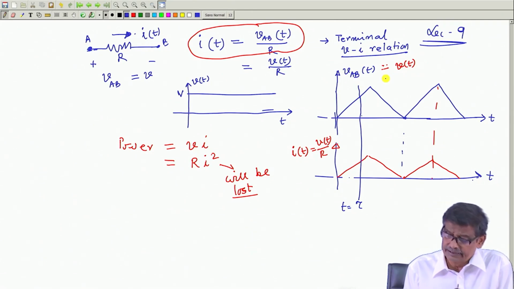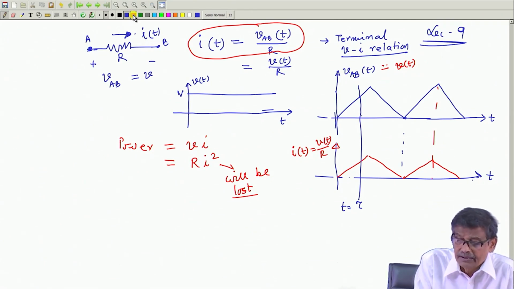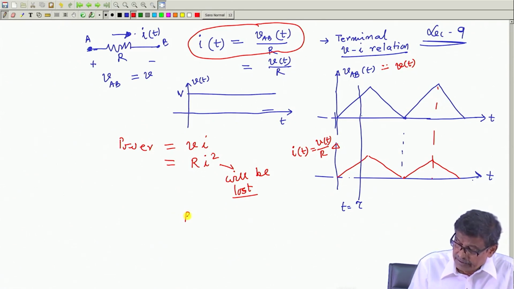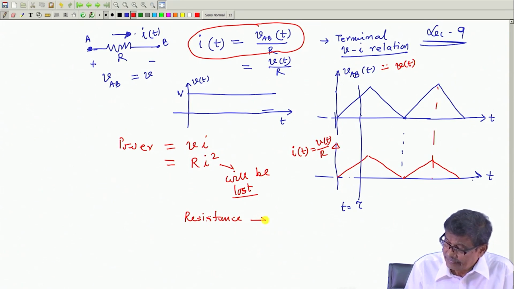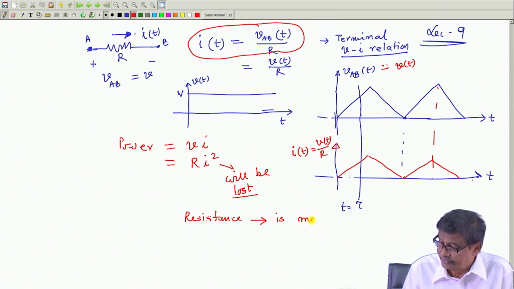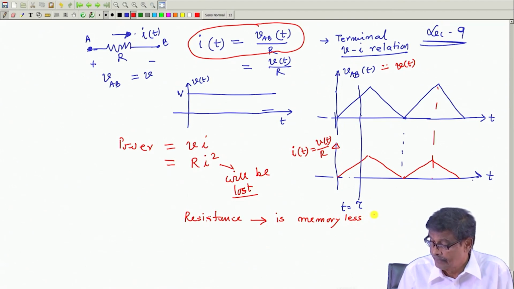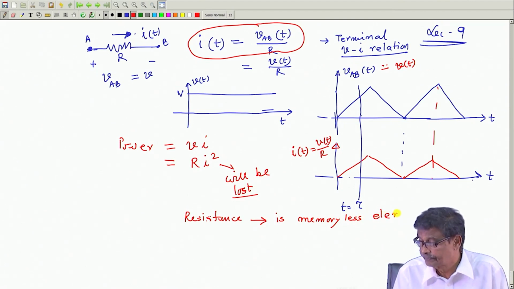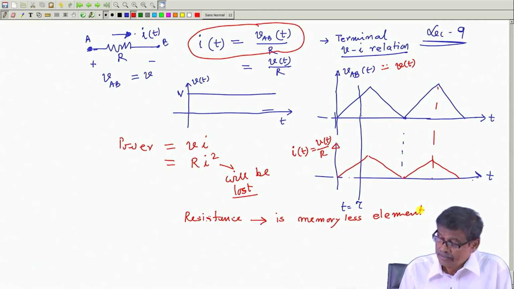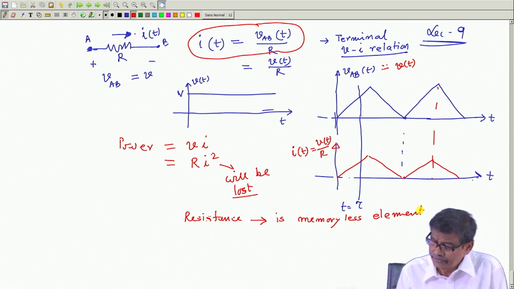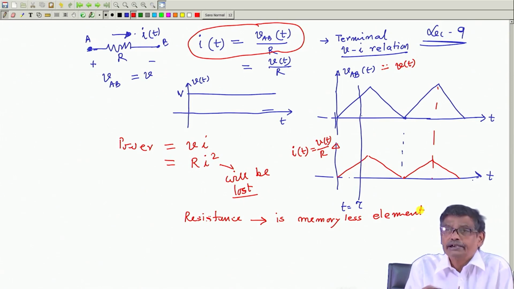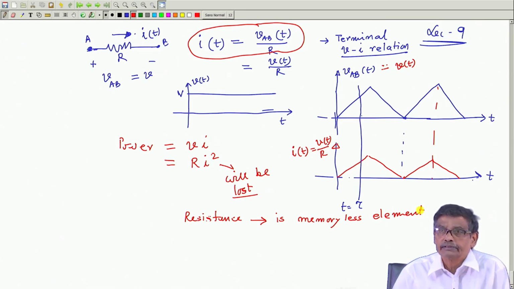That is why resistance is called, a term I am writing and which we can easily appreciate, a memory-less device. Memory-less element. That is, resistance does not remember how you treated that resistance with previous voltages.